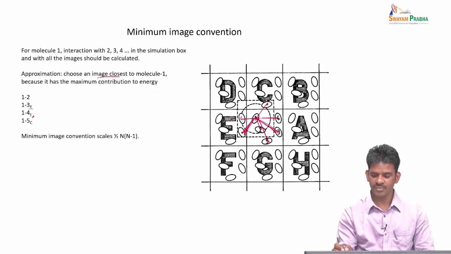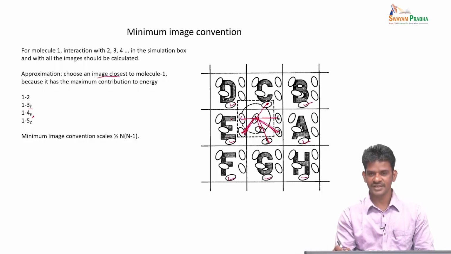Of course, there is a periodic image of 5 here, here, here, and so on. But among all these images, the closest image is this, and it is closer than the same molecule sitting in the same box also. So now instead of taking this distance, we take this distance.